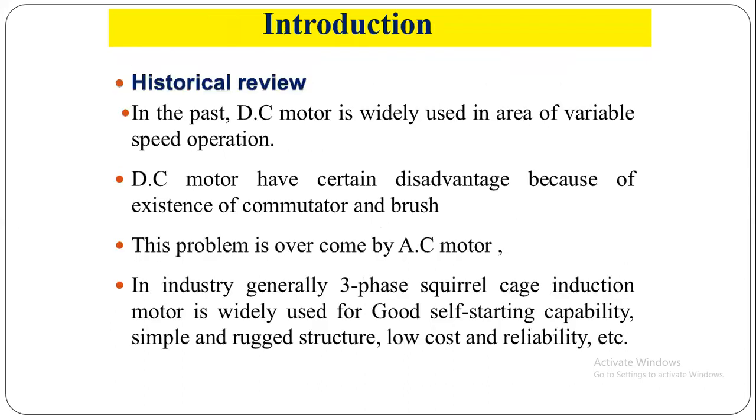Let us understand the historical review of the induction motor drive, or we can say the electrical motor drive. According to the historical background, in the past the DC motor was widely used in the area of variable speed operation. But the DC motor has many disadvantages because of the presence of the commutator and the brushes.